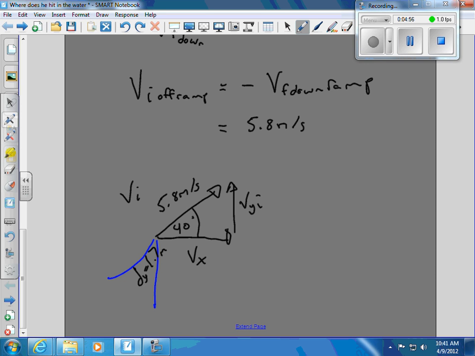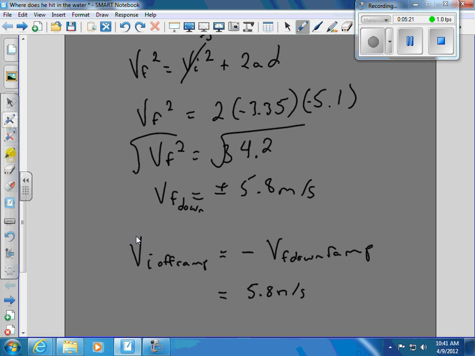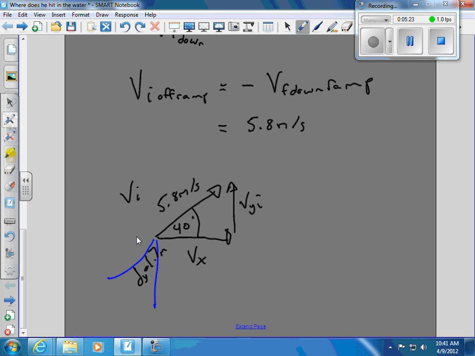So now what we need to find is his vertical displacement. We need to find time, how long he's in the air for. What's the question? How far is he going to land from the ground? We have to find our velocity components, just like we did when we threw the baseball.